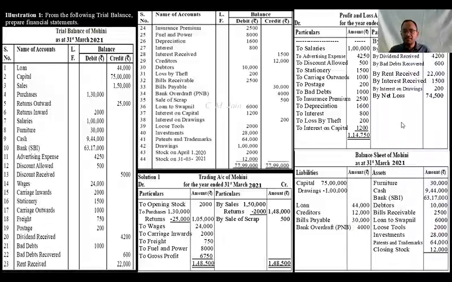The difference is 74,500. Since credit side is short, we have written it over here, 74,500 by net loss. Write total on both sides.